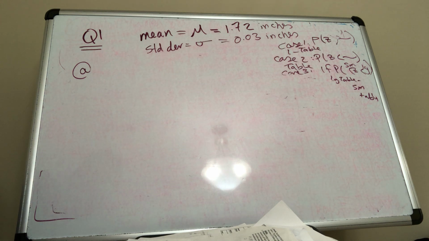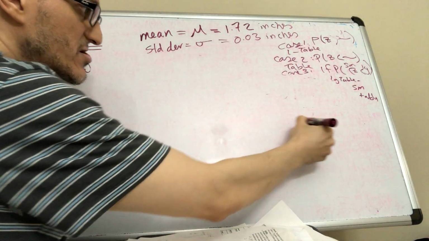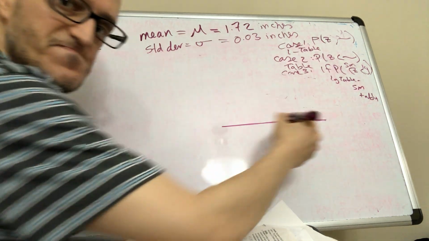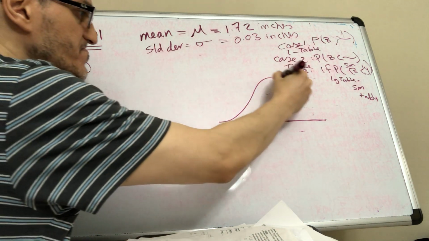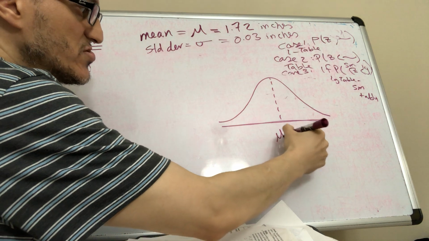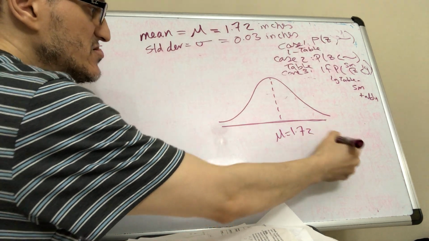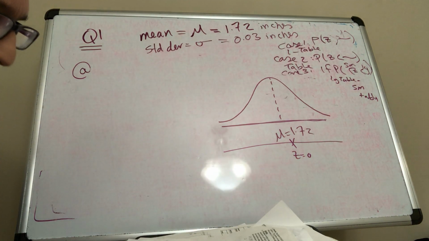Okay, so to do this, the trick here is to first draw the curve. After you draw the curve, the middle point is mu, and in this case 172, at the z line 0.